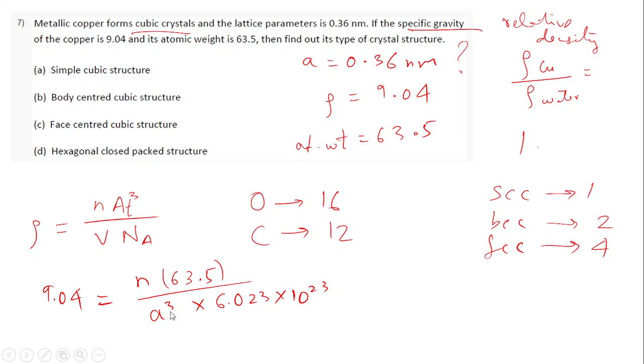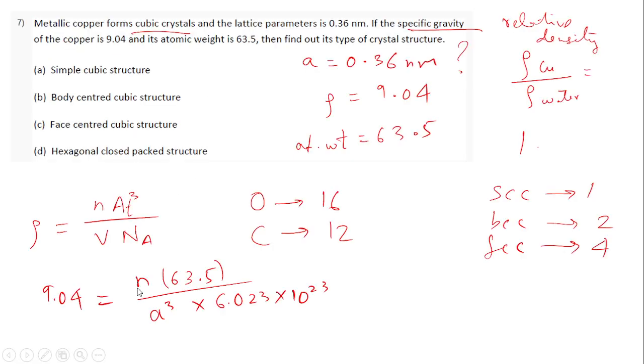Rearranging this, I'll keep N alone and everything on the other side, because N is what we need to find out. Then this expression will become 9.04 multiplied by this A cube.